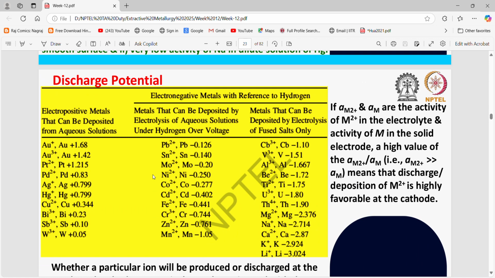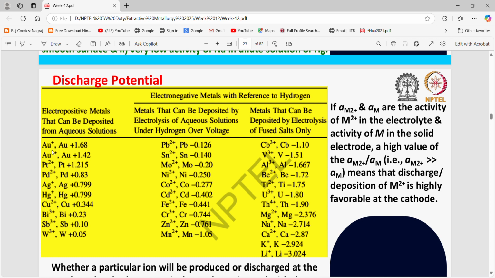So, according to discharge potentials, we can divide all the metals present in the periodic table into three different categories. The first category is electropositive metals that can be deposited from aqueous solutions itself by using very nominal voltage, and they are electropositive in nature because they have positive electrode potentials.